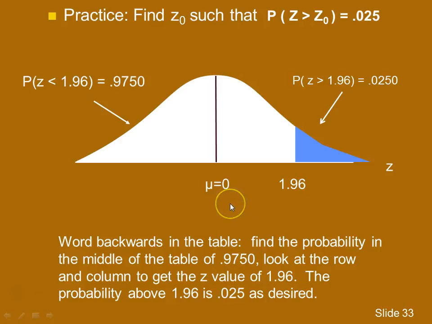Look at the row and column you're in, and that gives you the z value. In this case, that z value is 1.96. So the probability that z is below 1.96 is 0.9750, which means the probability above it is 0.0250. So the desired z value was 1.96.